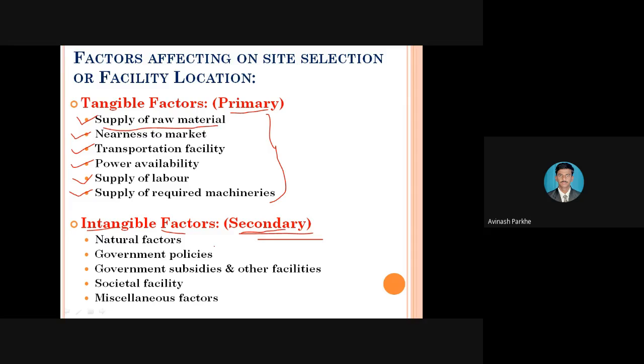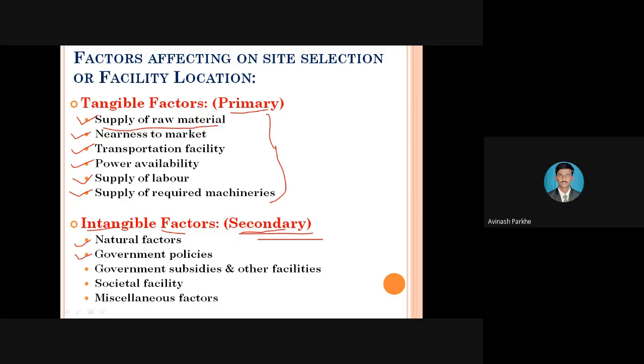For that purpose, we have to take special permission from the city authorities, from the government, from the Nagar Panchayat. Like that, some rules and regulations are there. So you have to take prior permission to utilize those natural resources. Therefore, it will be considered under the secondary factors. Then government policies. Some government policies are there.